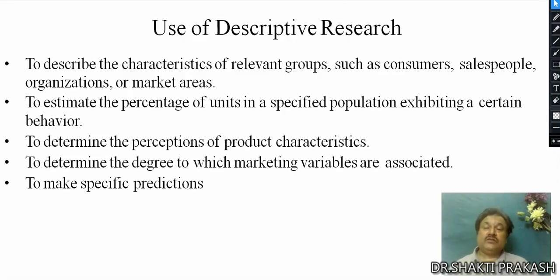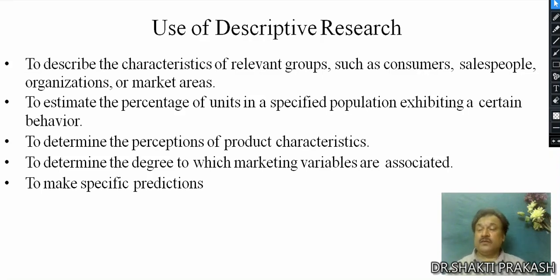Use of descriptive research: to discover the characteristics of relevant groups such as consumers, salespersons, organizations, or market areas. These are the particular areas on which we can do research by descriptive research. To estimate the percentage of units in a specified population exhibiting a certain behavior, so we can study a certain behavior of a particular population.